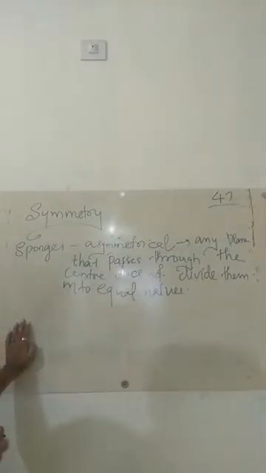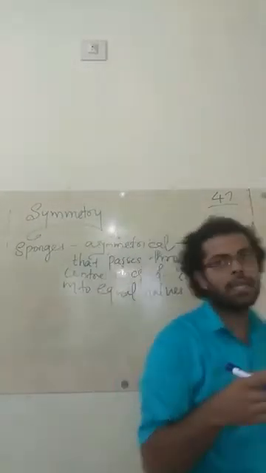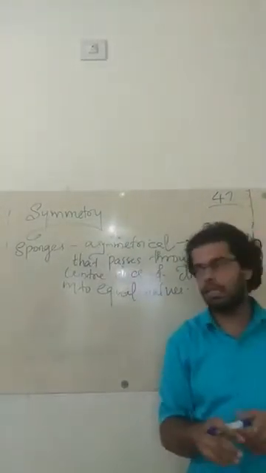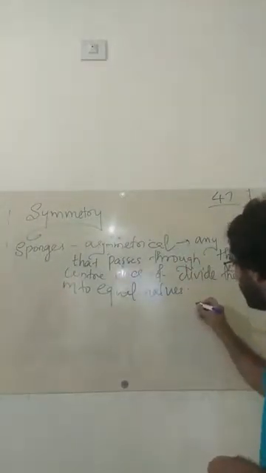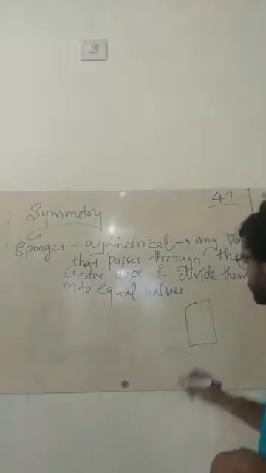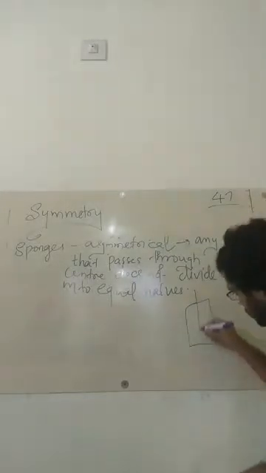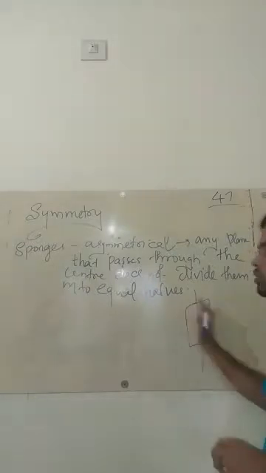If we take a shape like this, we can say it is symmetrical, because if the plane goes through like this, we will get two equal halves.